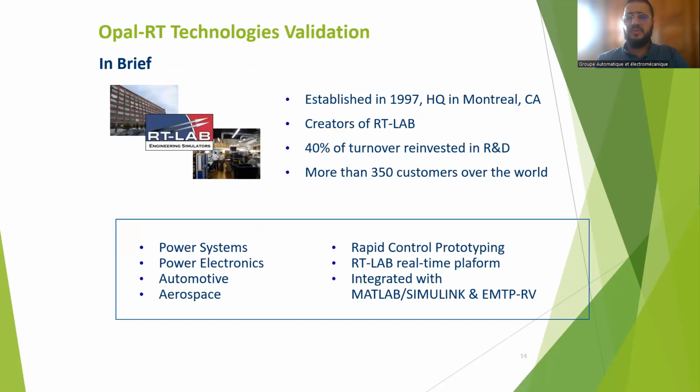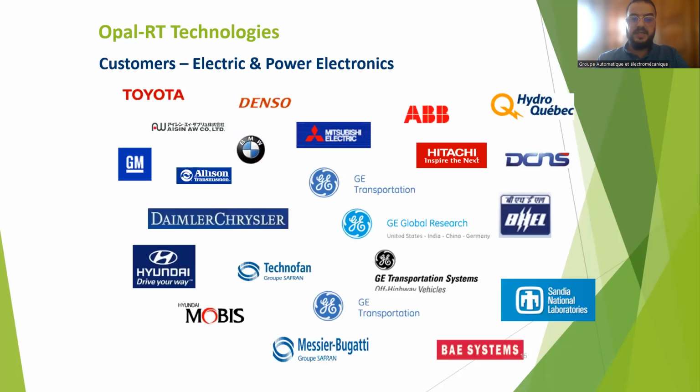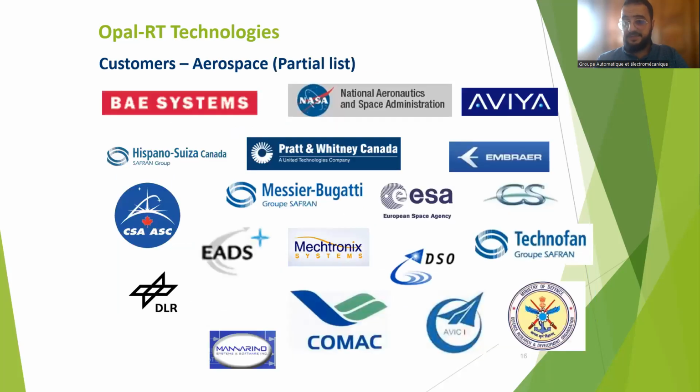Opal-RT, well, why do we use this Opal-RT? It is a device used in many fields: power systems, power electronics, automotive, aerospace, and this instrument is in our laboratory. Many customers use it, like Toyota, Hyundai, ABB, even NASA.